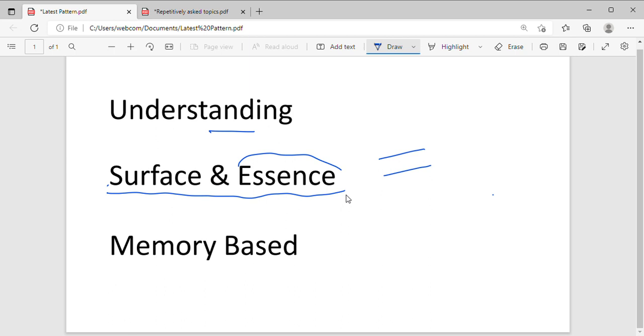Earlier we didn't used to read every single work of the literary critics, every single work of the literary theorist, right. But now we have to, because it is very important.